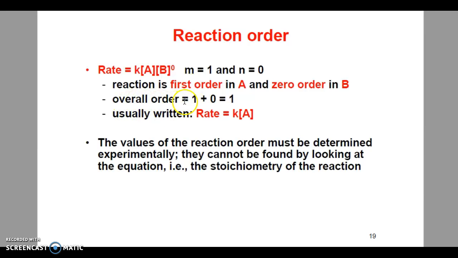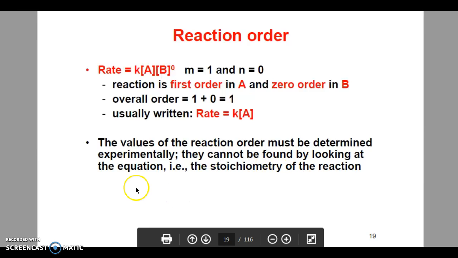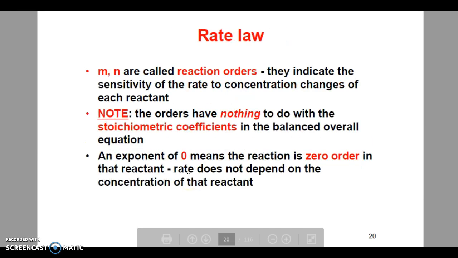So the overall order will be equal to 1. Usually it may be written as rate is equal to k times the concentration of A. The values of the reaction order must be determined experimentally. They cannot be found by looking at the equation, that is, the stoichiometry of the reaction.